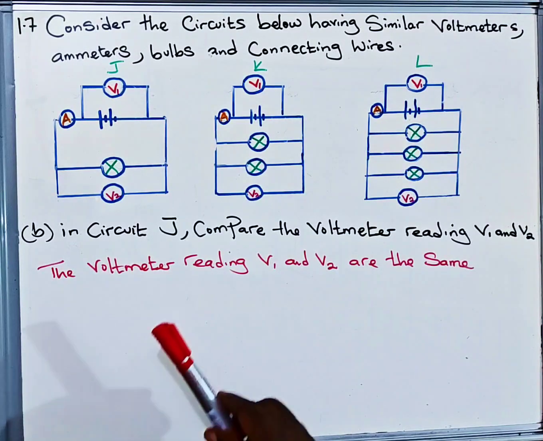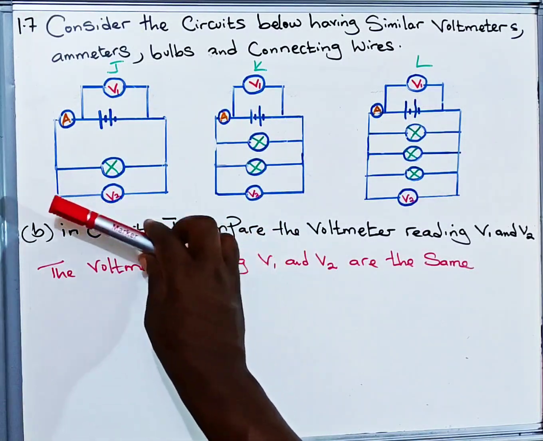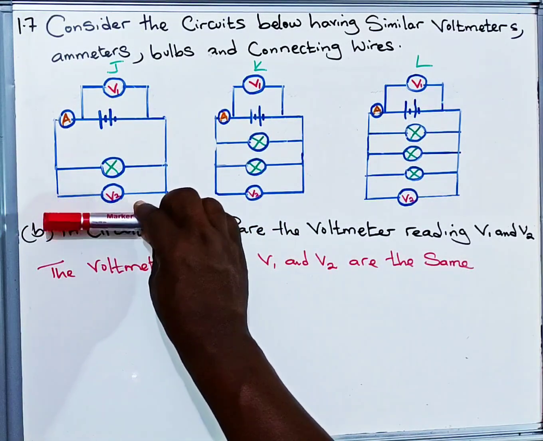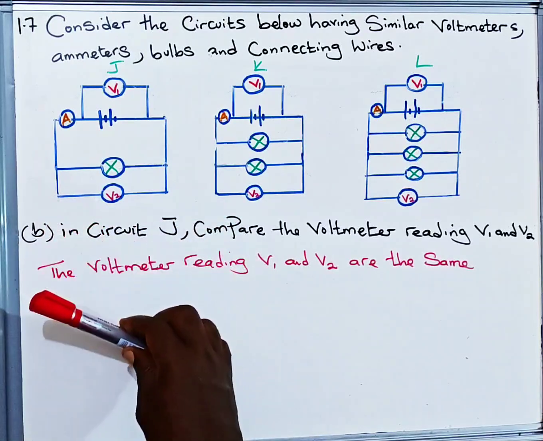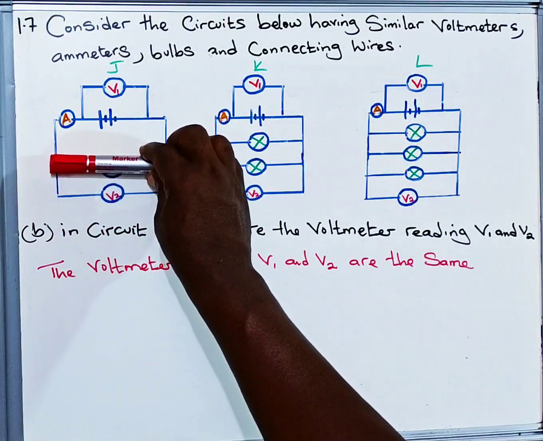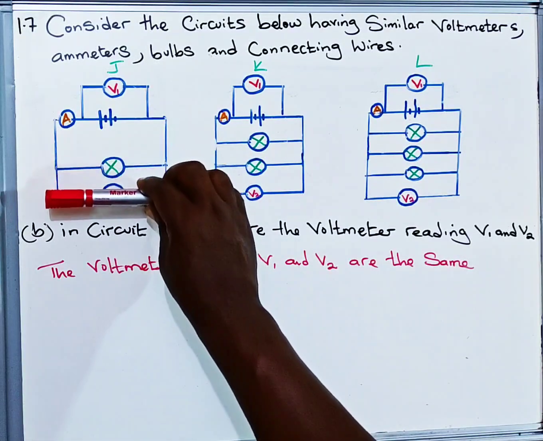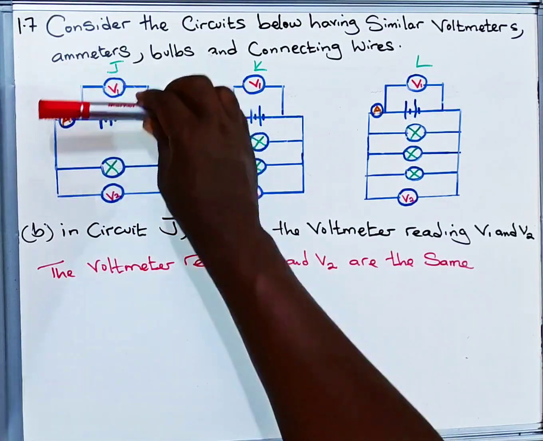The reading here is going to be the reading here. That is what happens in parallel circuits. So the potential difference across this bulb is the same this side and that side.